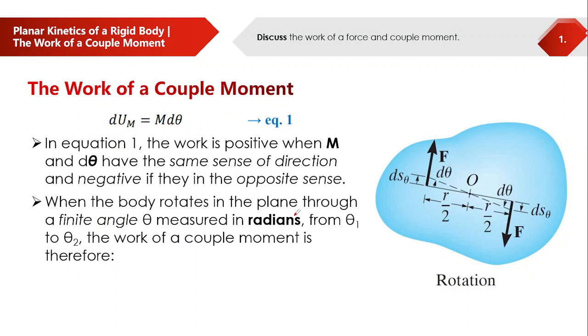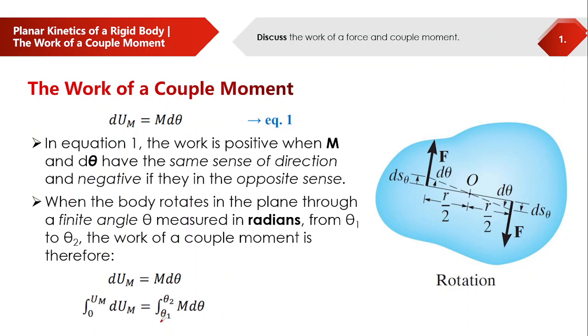When the body rotates in a plane through a finite angle theta, measured in radians, from theta sub 1 to theta sub 2, the work of a couple moment is found by integrating both sides, from theta sub 1 to theta sub 2.